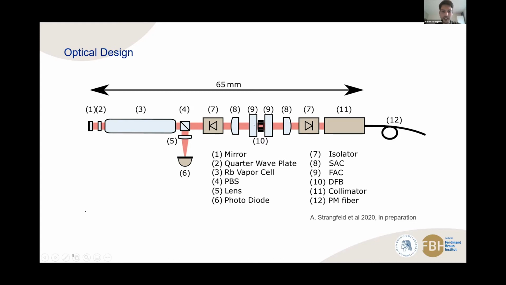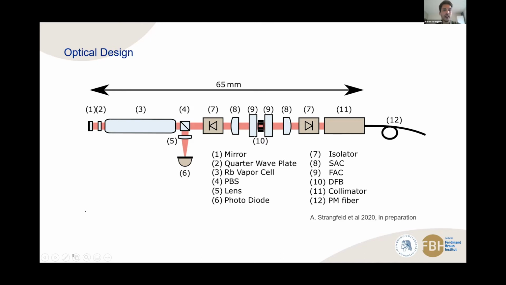I will start in the center here at number 10 with a DFB laser diode. The light from this DFB laser diode is collimated on both sides with a pair of collimating lenses. And then the diode is protected from back reflections by 2 optical isolators. The front port is then the major output coupled to a polarization maintaining fiber here. We need some space for the fiber bending, as I said. That's why it's not 100 millimeters.